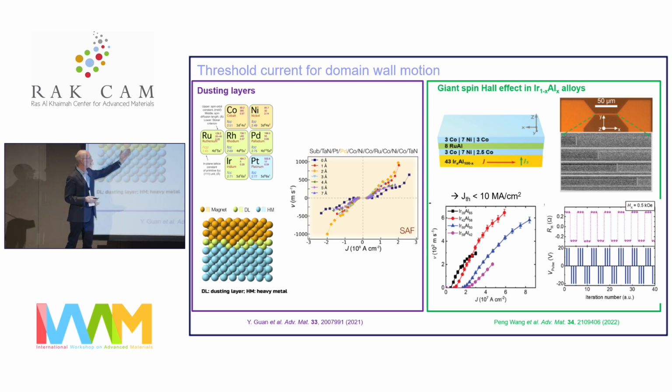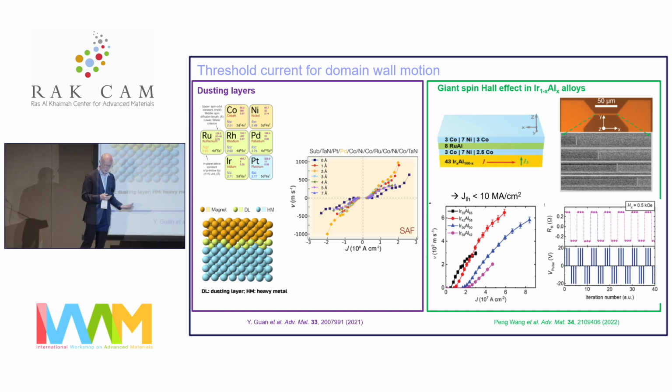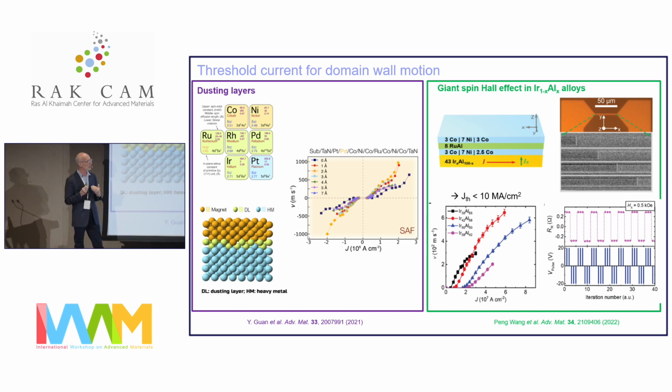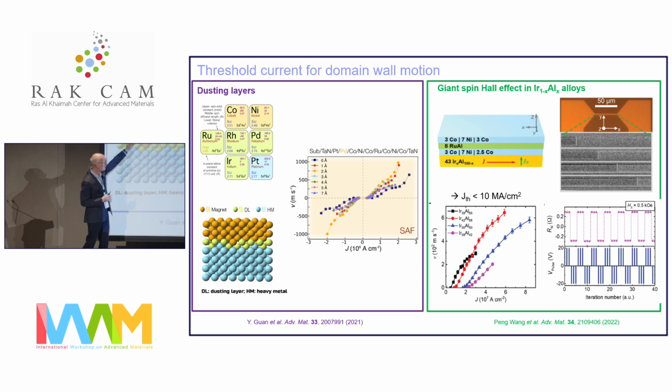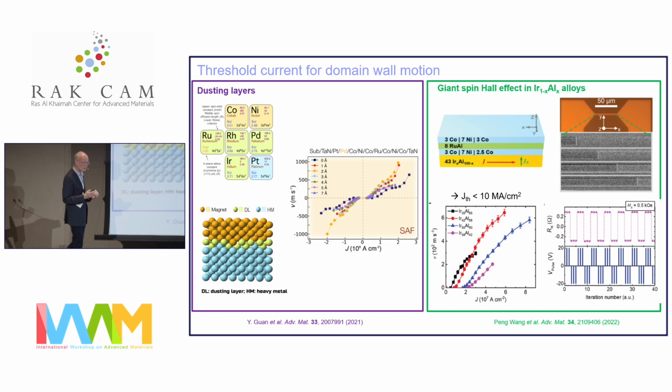We've shown that by introducing what we call dusting layers, 1 angstrom thick, this is the length scale, we can dramatically influence, for example, that critical current density, and we can also dramatically influence the velocity of the domain walls at a particular current density. So you can see that these interfaces, and how the current is generated and crosses the interface from these heavy metals to the magnetic layers, providing these torques, play a very critical role.